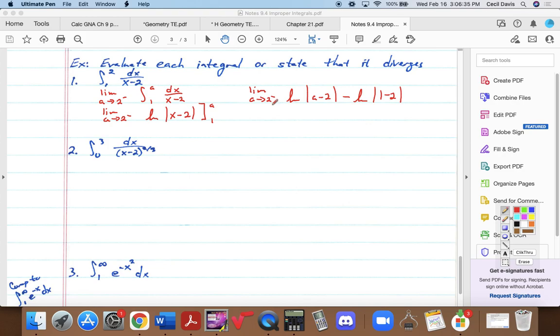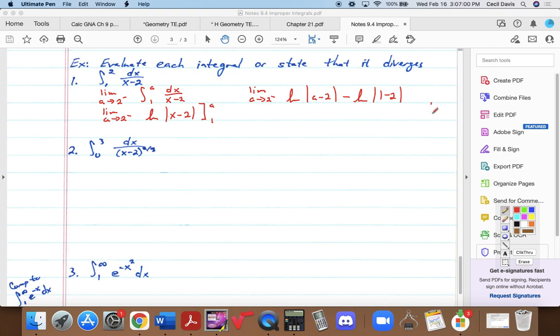All right, as a goes to 2 from the left, as I get close to 2, what does the interior of this function get close to? 0. But since it's an absolute value, it's going to be a positive number near 0. That's important because natural log isn't defined at 0 or for any negative values.